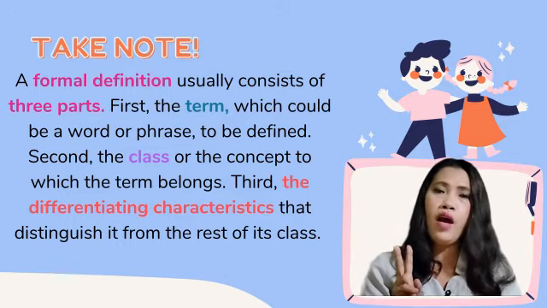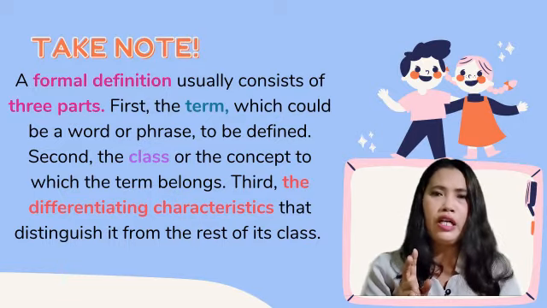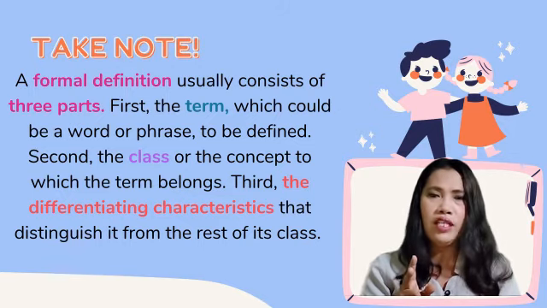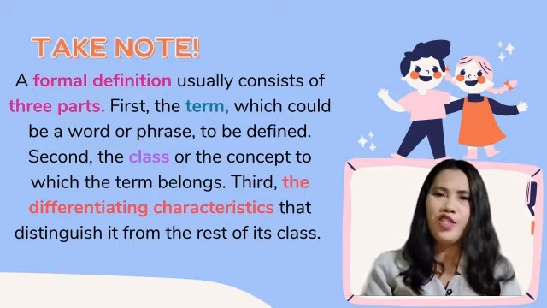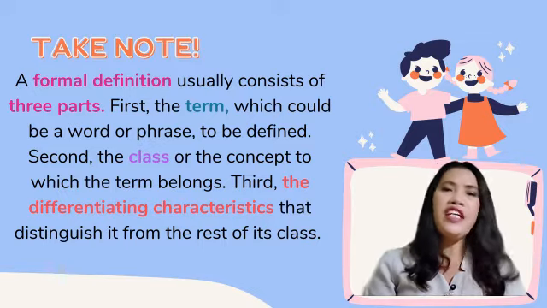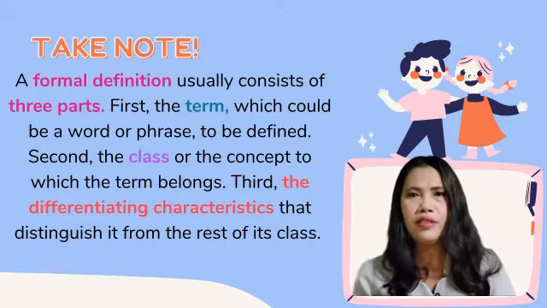The second is the class, or the classification where that word belongs in general. And the third is the differentiating characteristics, or the remaining parts of the definition. I want to present you this example.